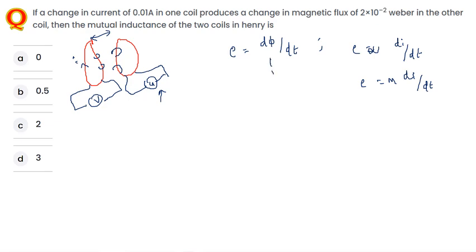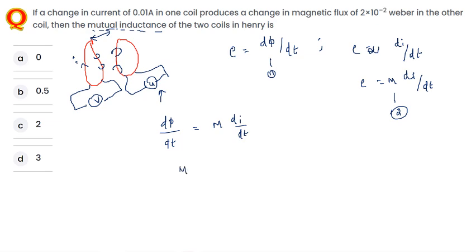From these two equations, in both cases dφ by dt will be equal to M into di by dt. What they are asking in this case is mutual inductance.